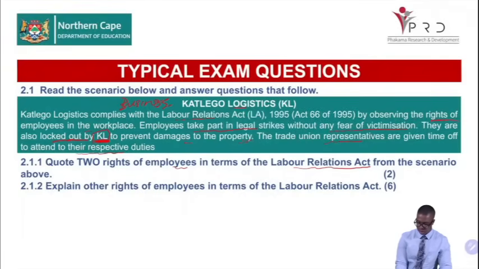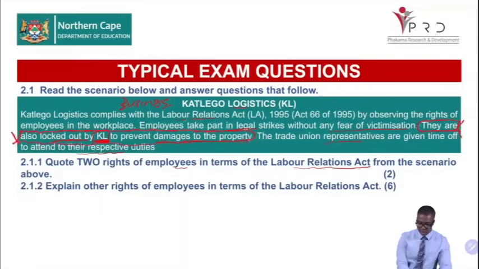So let's highlight this one. Now, they are locked out by the business. Is this the employee's right? No, it is not. So this is not the employee's right.